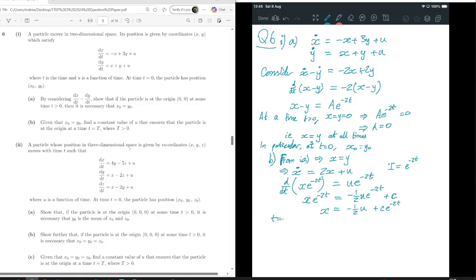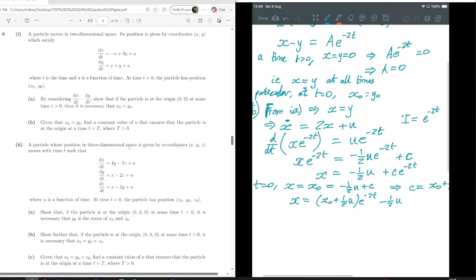So when t equals 0, x equals x naught, which is as so. So that means this c can be written as x naught plus a half u. So therefore the function x is the c e to the power minus that.